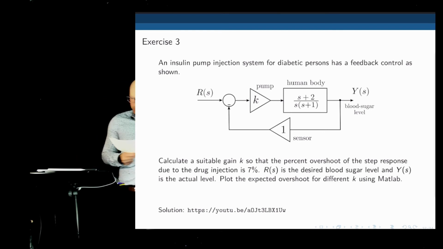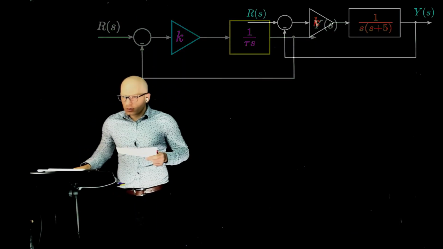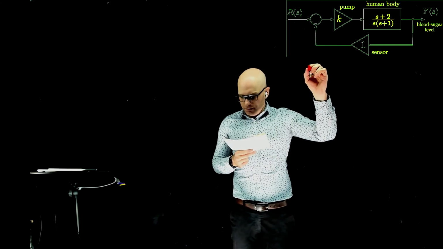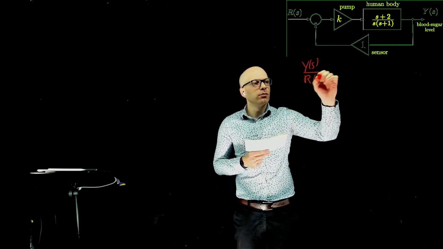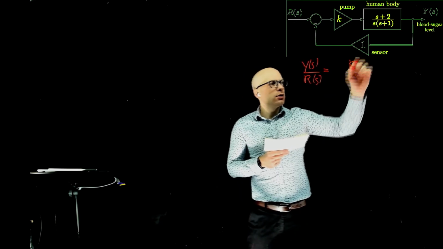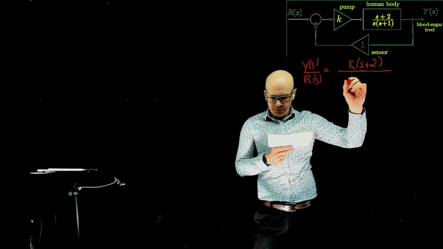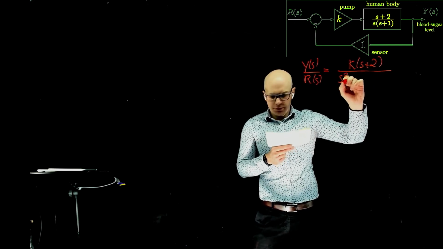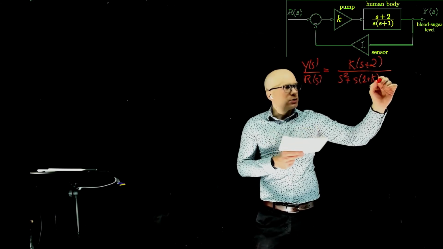So if we do the closed loop transfer function here, the closed loop transfer function should be y over r equals k times s plus 2 divided by s squared plus s times 1 plus k plus 2k.